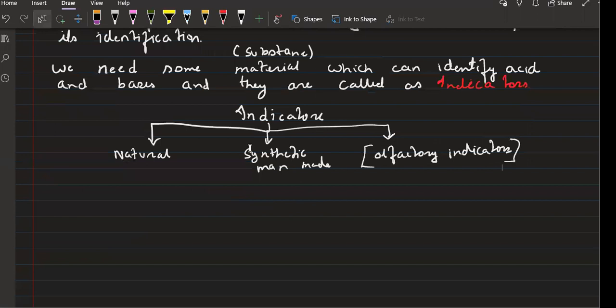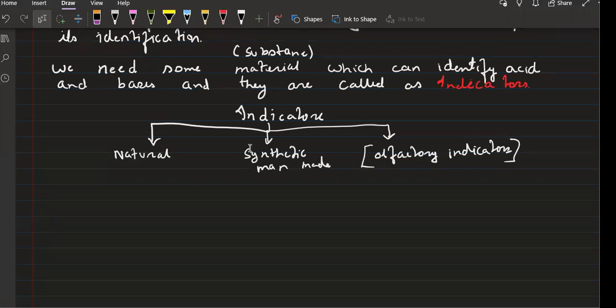What's the meaning of natural indicators? Tell me. So I can say that natural indicators are indicators which are present in nature or come from nature directly.